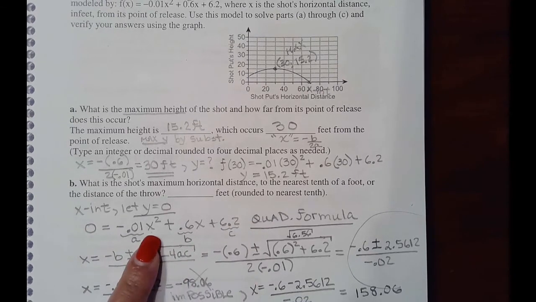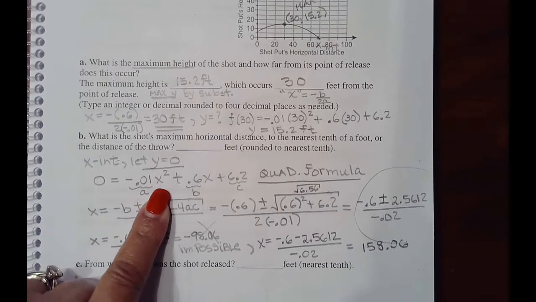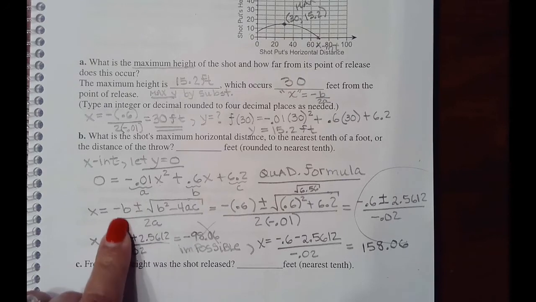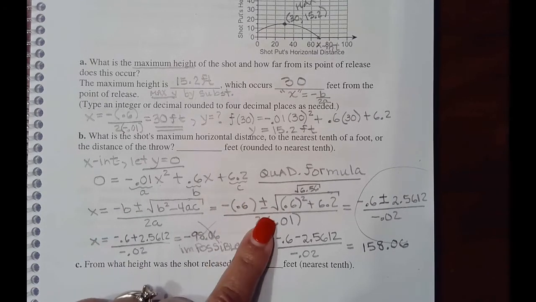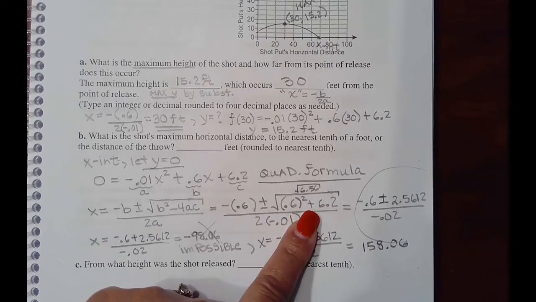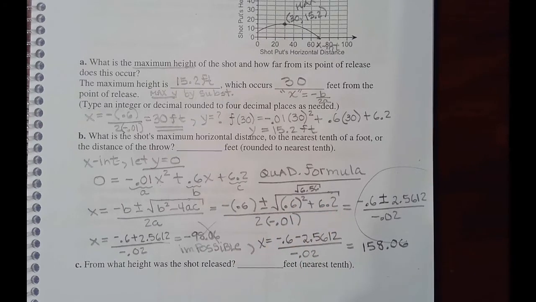Whenever you have an equation like this and you're wanting to find the solutions, you can either factor or use the quadratic formula. I used the quadratic formula. So I went opposite of the b value, which was opposite of 0.6, plus or minus that b value squared again, plus 6.2. Then down at the bottom, it was 2 times negative 0.01.